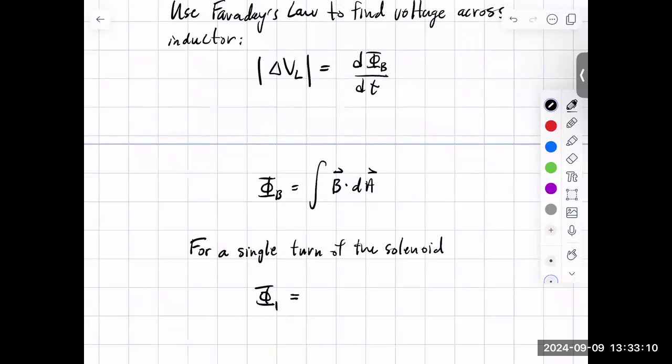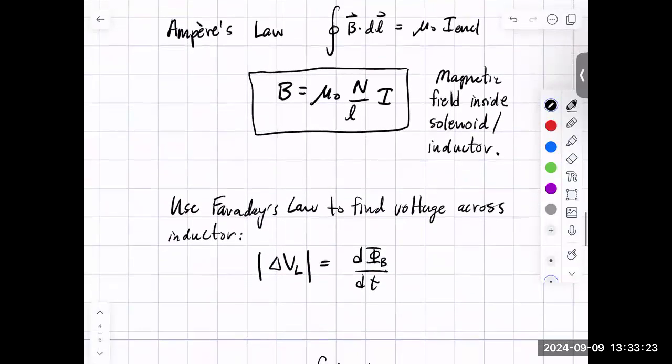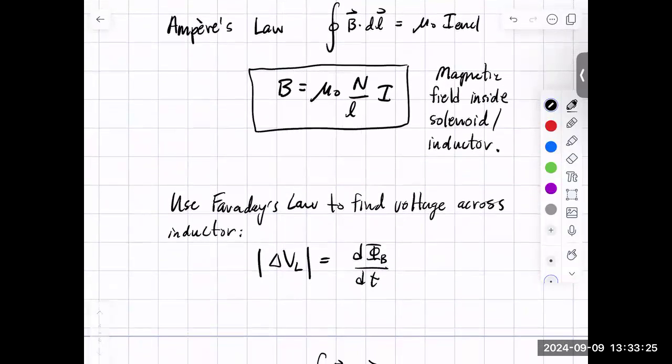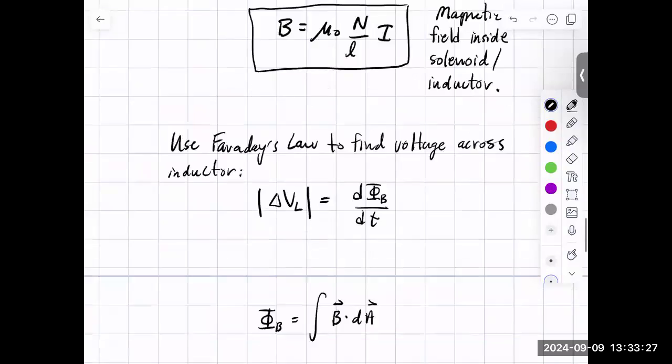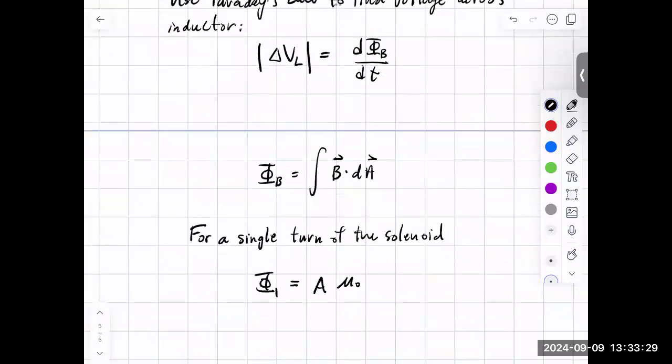The area of that loop is just going to be A. If it's radius r, it would just be pi r squared. And the magnetic field we have right here from Ampere's law, mu naught n times I divided by L. So it's just A times B.